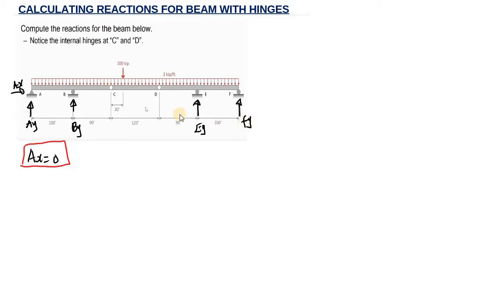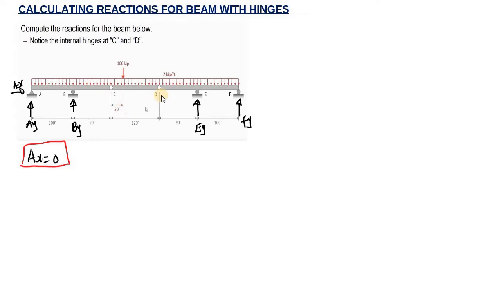So we need to use another way to calculate these support reactions. This is the reason we have hinges on this beam, so we are going to use the hinges to evaluate these support reactions.